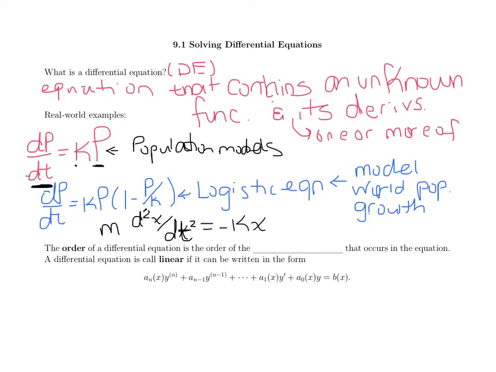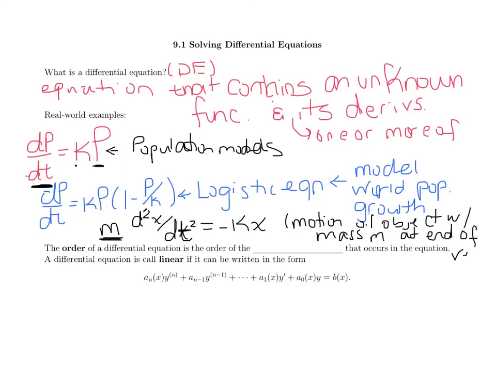That's the motion of an object with mass m, so m stands for mass, at the end of a vertical spring. So those are some examples of differential equations that have real world applications: population models, the logistic equation, and springs that are moving in a certain way.